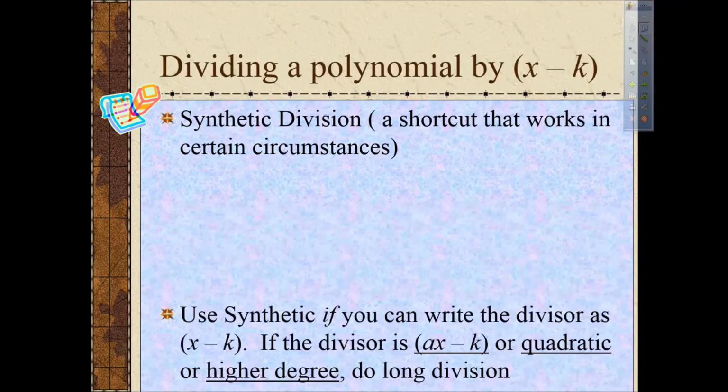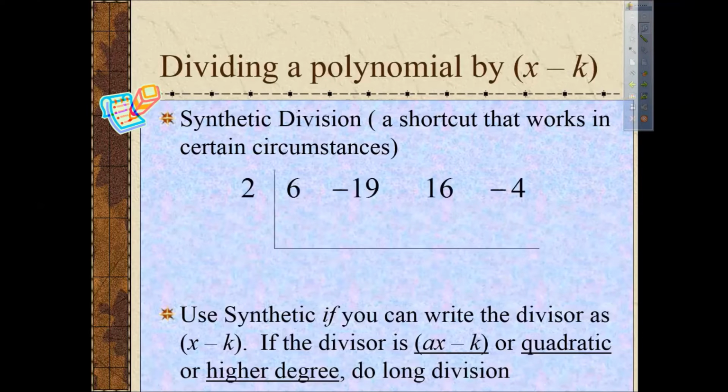There are some modifications we can make to synthetic division to get some of these to work, but for this course, we will do any other kind of division by long division. But let me show you how you can divide the same problem we just did using synthetic division.